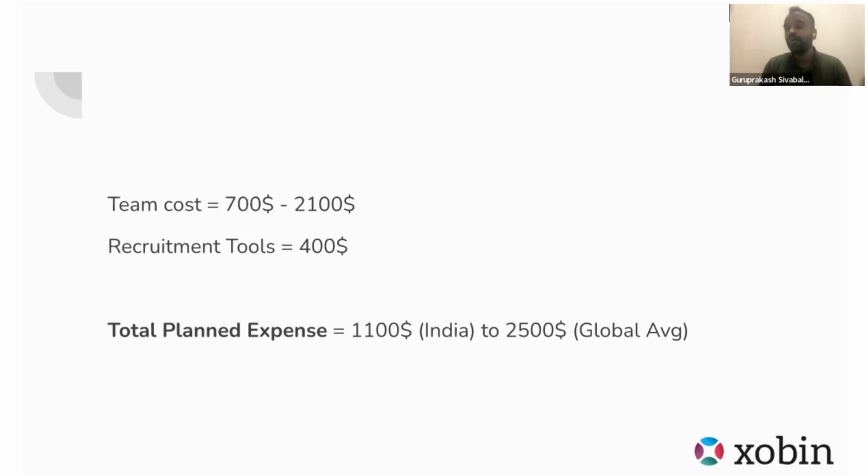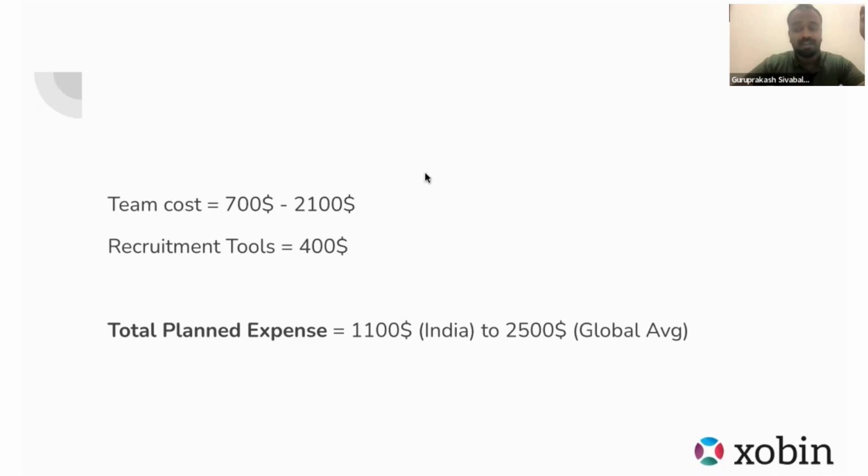We are not calculating the opportunity cost here. A VP of engineering cost could be $30 per hour. We could argue that in that 1 hour, he could have built something of very high value to the company, but we're not going to that math here. It is just a basic $30, and we're not talking about any opportunity cost. This is the number we have to remember when it comes to the planned expense.